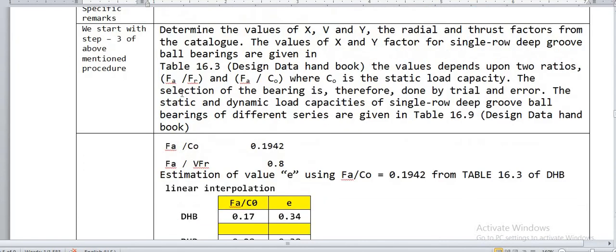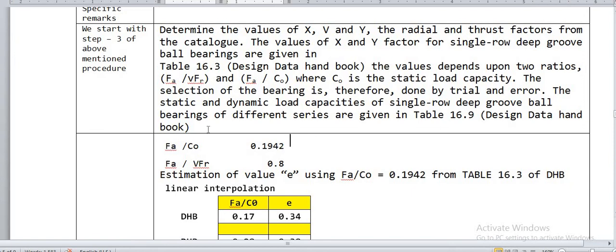For this we need to calculate the ratio Fa by Fr, and sometimes Fa by V into Fr, and also Fa by C0. These are the two important factors that I have to determine initially.